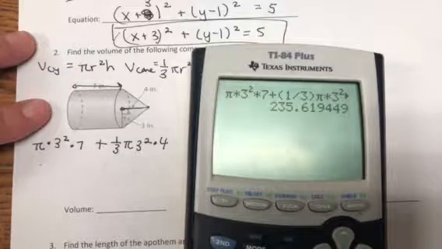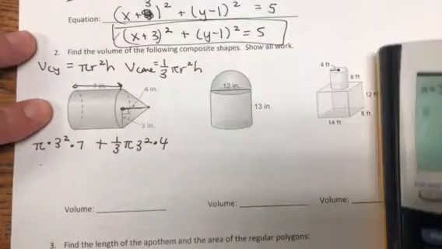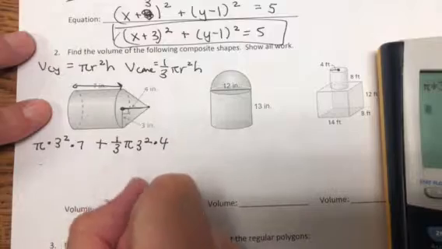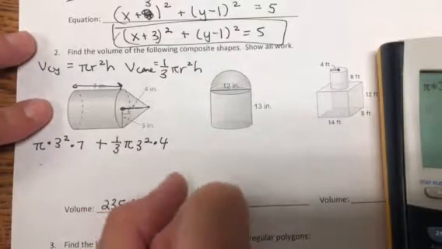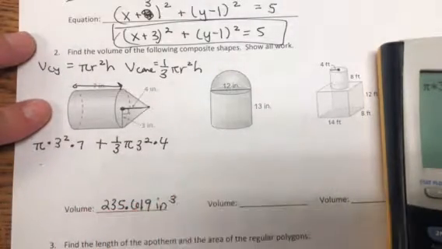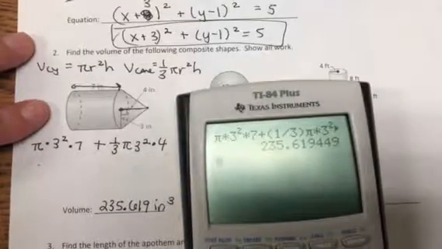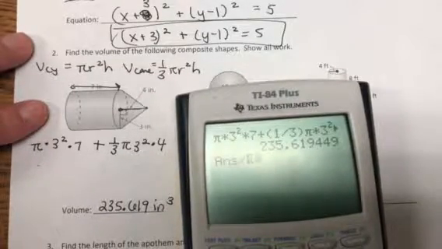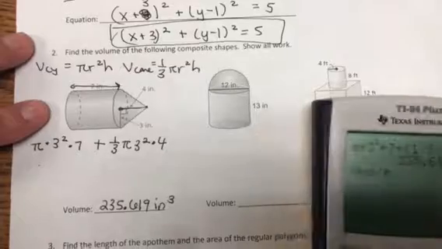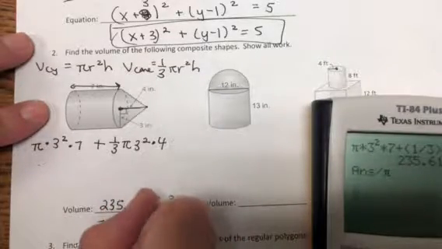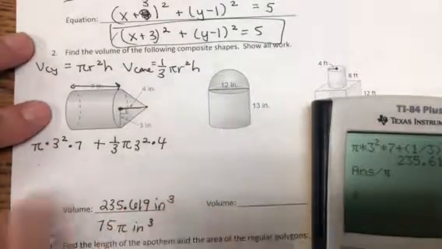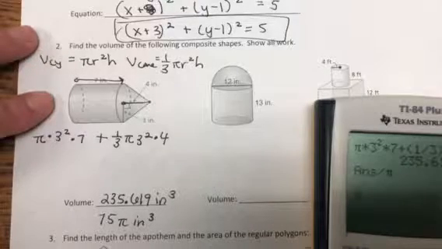So we get 235.619 approximately. And that's in cubic inches. And if you were to leave that in terms of pi, that would have been 75 pi cubic inches. So either of those would be correct.